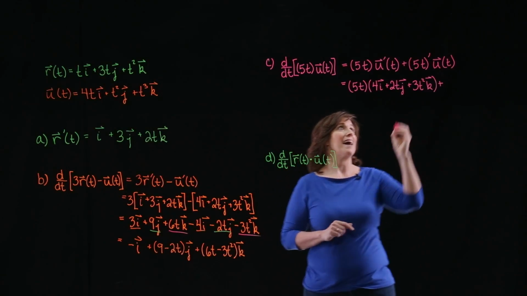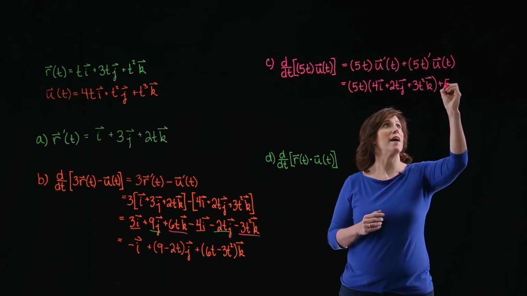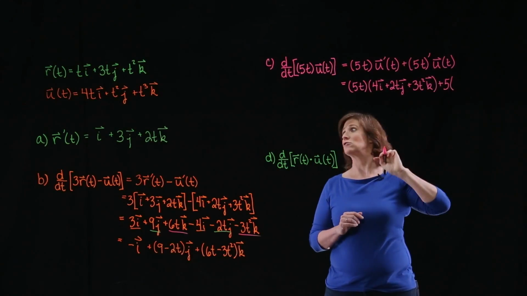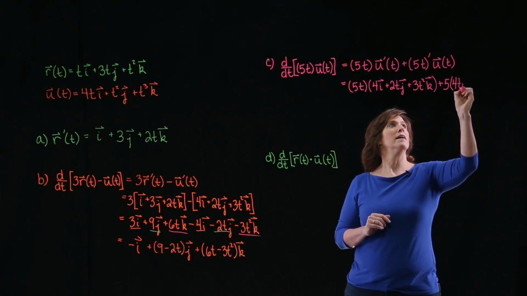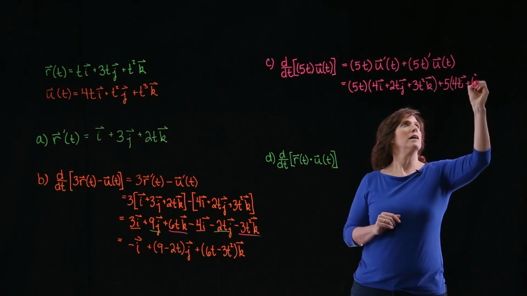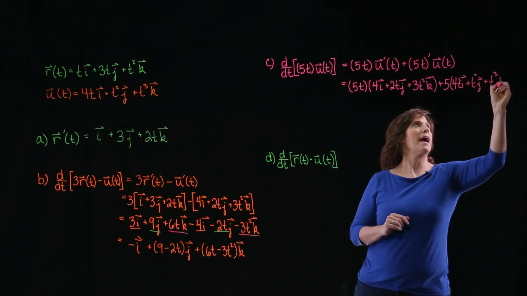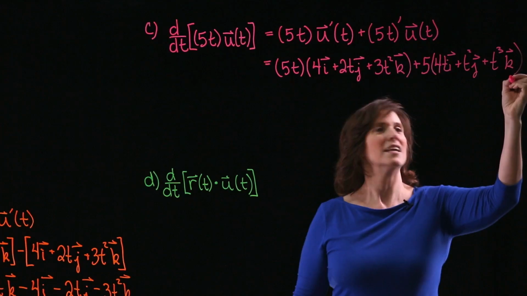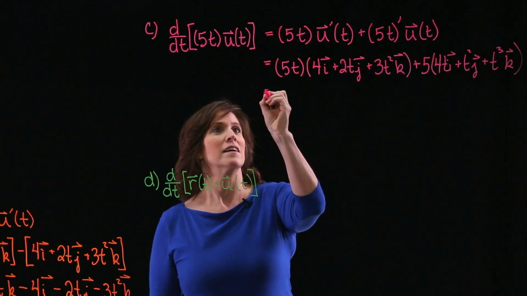I'm going to add to that the derivative of 5t. The derivative of 5t with respect to t is just 5, and then I'll multiply by vector u, which is 4ti plus t squared j plus t cubed k. And now let's distribute that 5t across.